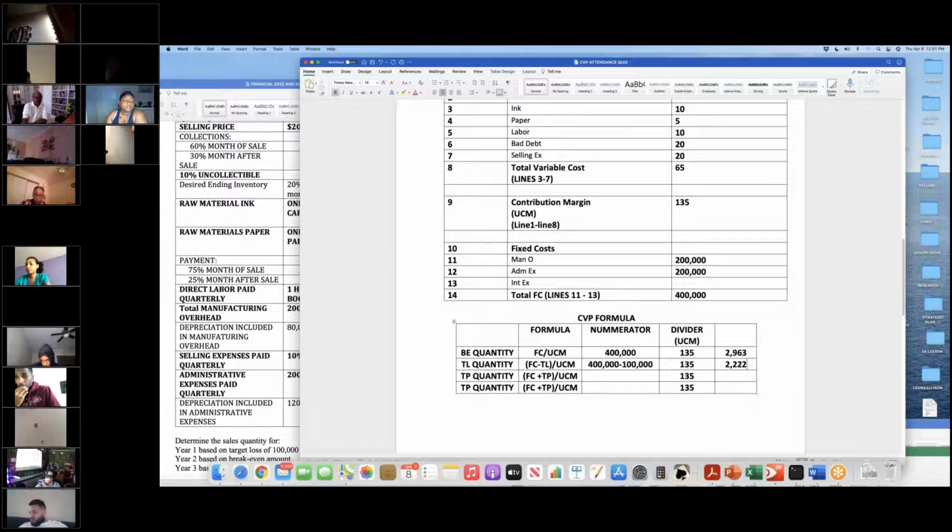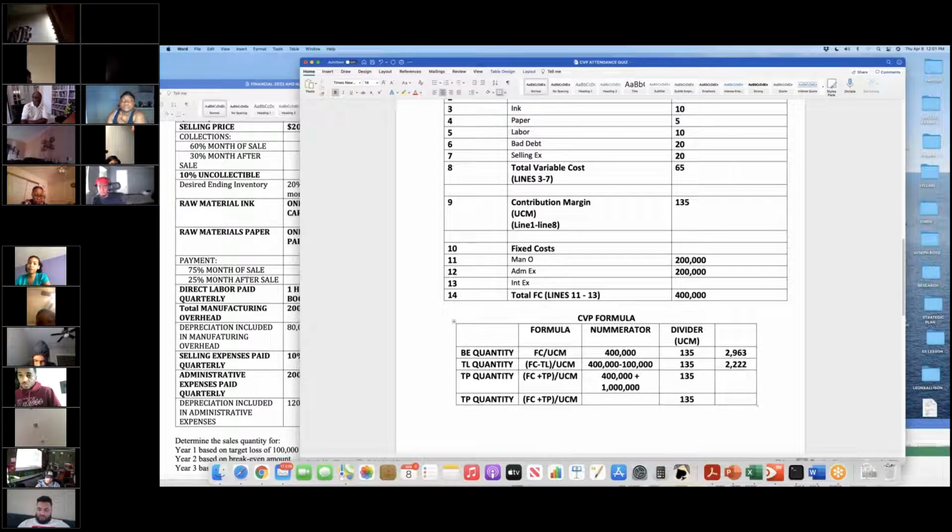Then if we want a profit of $1 million, this is going to be what? 400,000 plus 1,000,000 divided by 135. What's it going to be? It'd be 10,370.